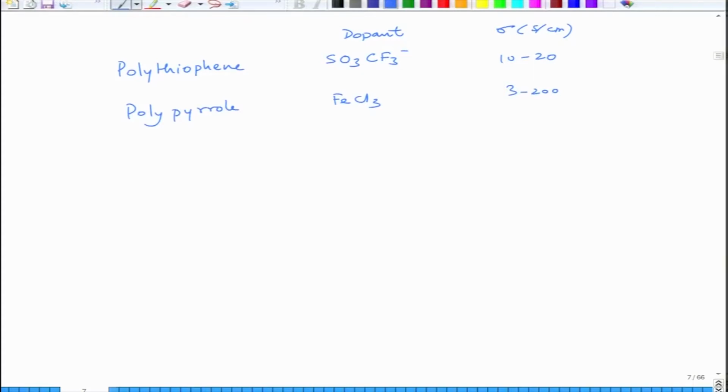So these materials make the backbone of organic electronic devices, and solar cell is one of them.